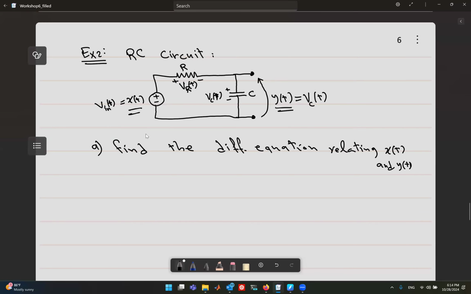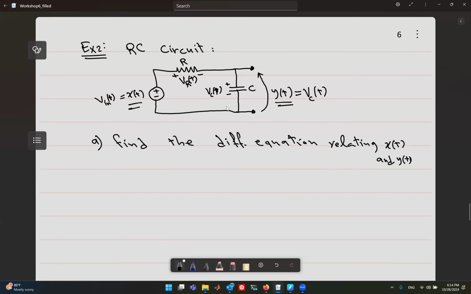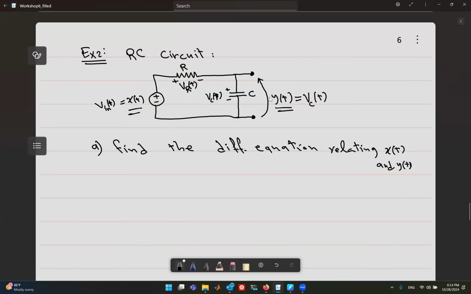We need to find the differential equation that represents this system, what the system is doing to the input to transform it to be y(t). So for this first one, we only need to apply what's called Kirchhoff's current law.